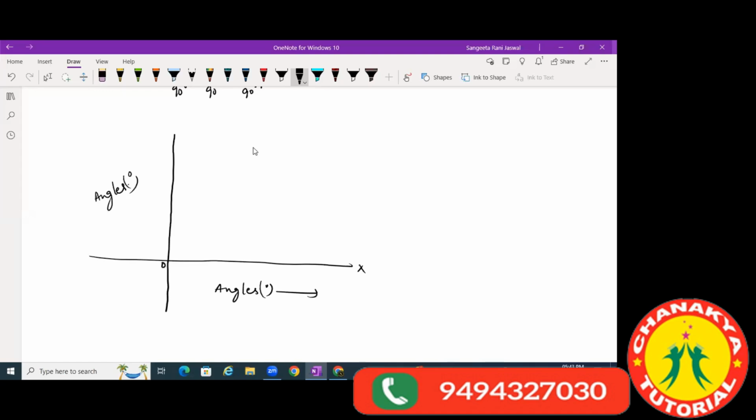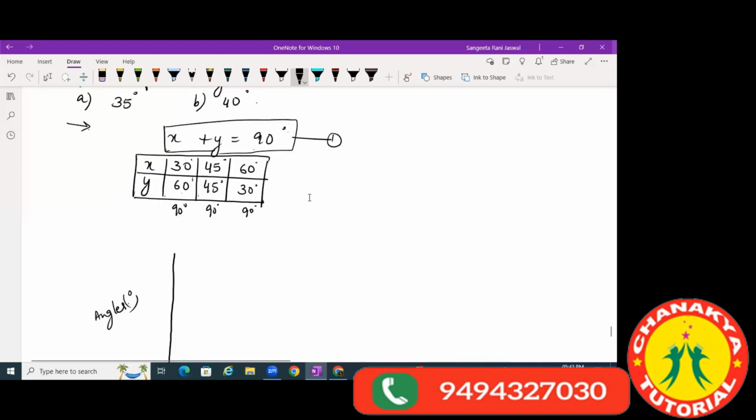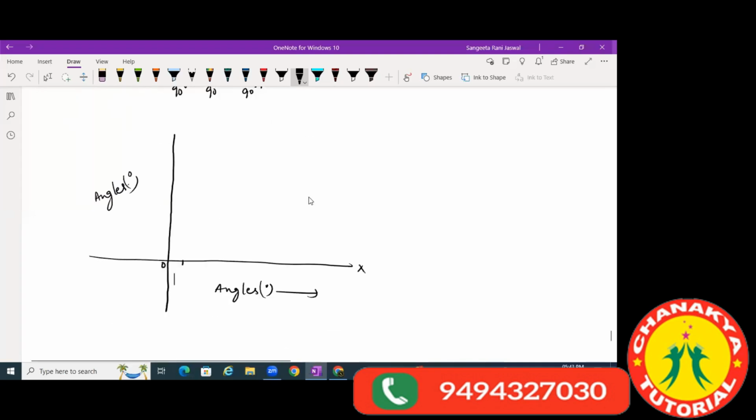This is the origin, and the angles are 10, 20, 30, 40, 50, 60. 60 is the highest. Here also I'm taking 10, 20, 30, 40, 50, 60, and 60 is the highest.